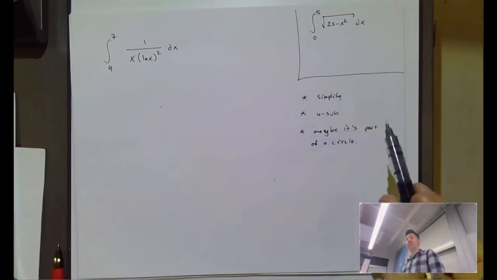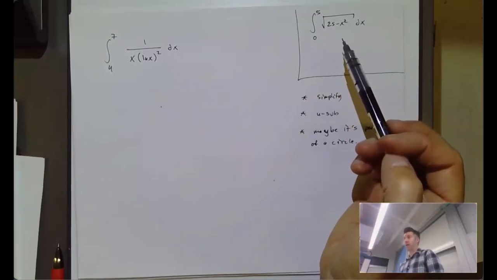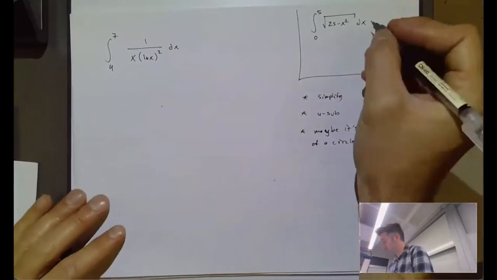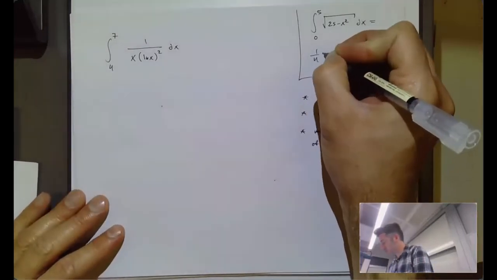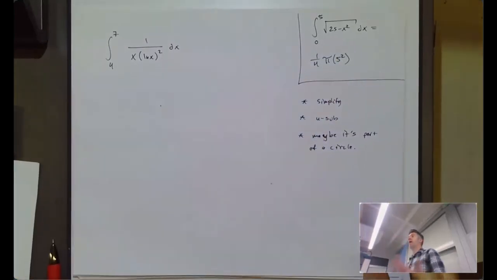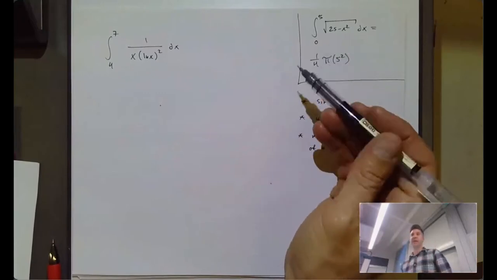I would not be surprised if someone asked you this on your test: find the area, and you were supposed to know that's a quarter of a circle of radius 5. So look out for that. If you see something like the square root of something squared minus x squared, that's what you're going for.